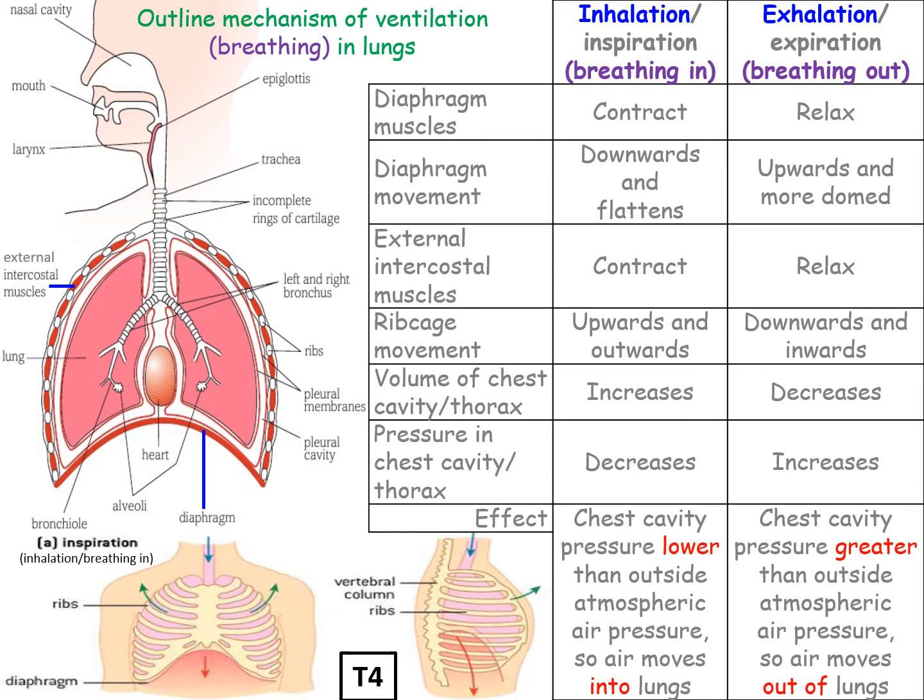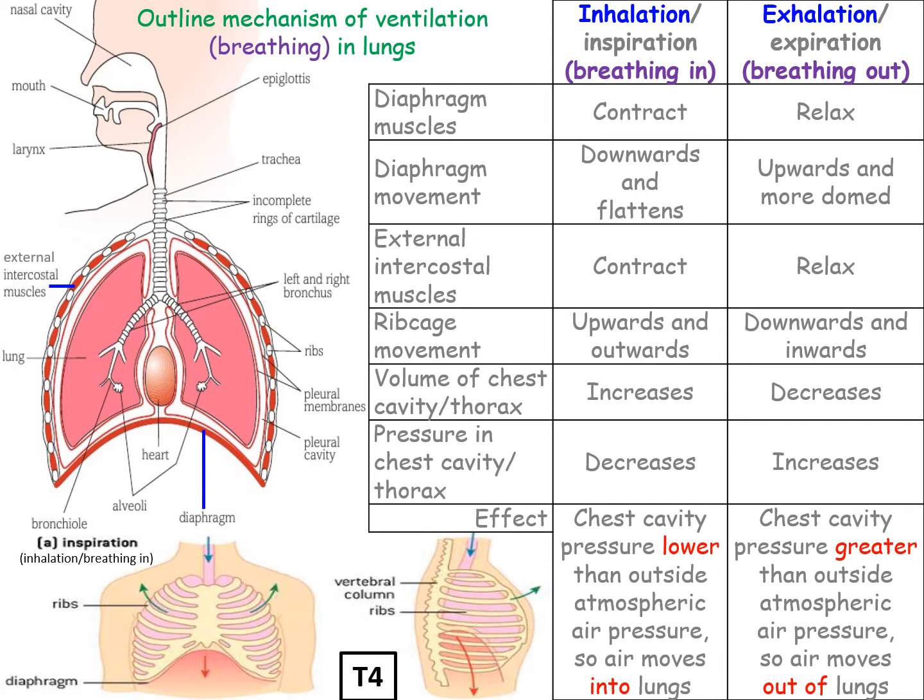The external intercostal muscles also contract. And when they do that, they cause the rib cage to move upwards and outwards. The total effect of the diaphragm moving down and the rib cage moving up is that the volume of the chest cavity then increases. As mentioned earlier, when a volume increases, the pressure decreases.